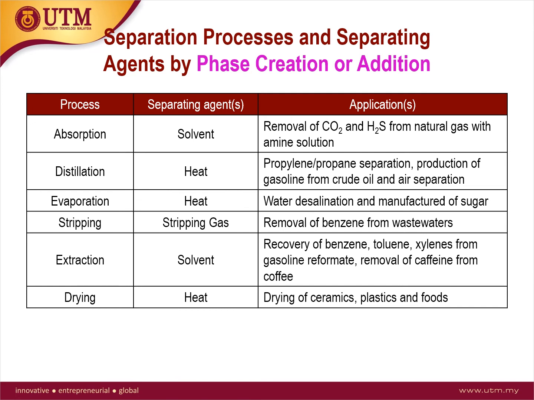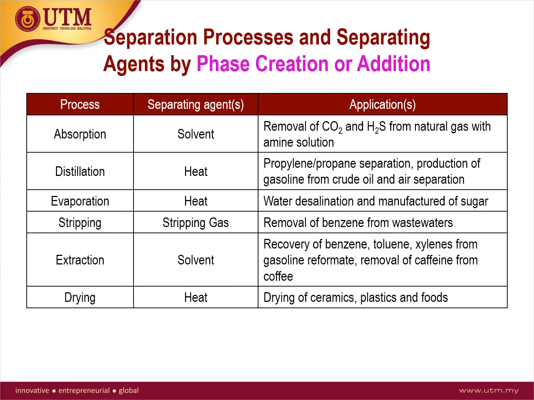The applications of distillation are propylene and propane separation, production of gasoline from crude oil, and air separation. Then the third process is evaporation. Evaporation uses heat as separating agent. This is also categorized under phase creation. Examples are water desalination and manufacture of sugar.